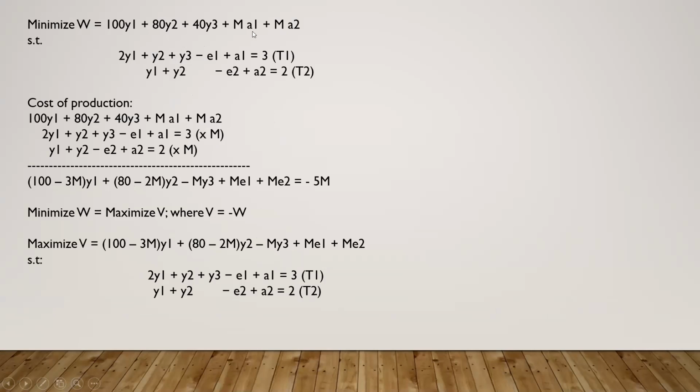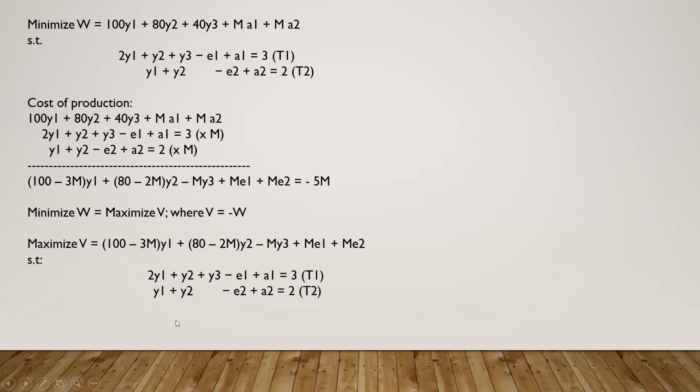So we need to add two artificial variables multiplied by a very large number M. Because the artificials are in its cost, we know this is a minimization, so we need to evaluate the cost of the production. To eliminate these two artificials from the objective function, we multiply the constraints having the artificials by M, then subtract. And to be consistent, we agreed to change the minimization problem into a maximization problem, so V equals minus W. This becomes my new system over here.